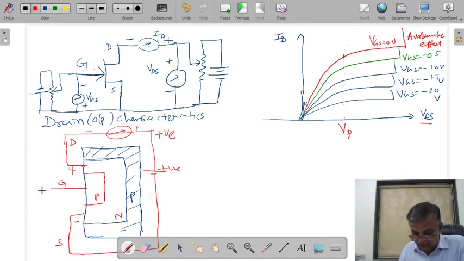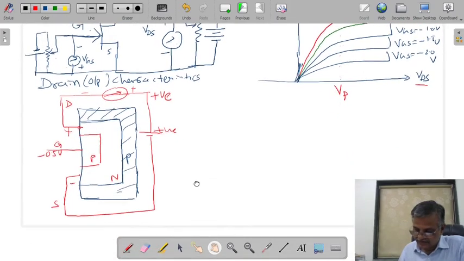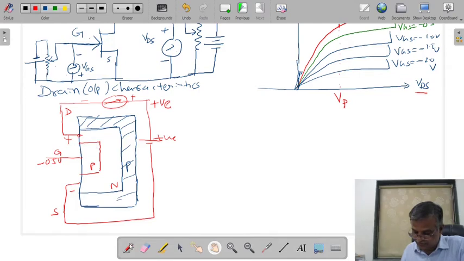Now, if I keep this at minus 0.5 volt, gate is in reverse bias, so here a depletion layer is produced. Here immobile positive ions will be there, and here immobile negative ions will be there.